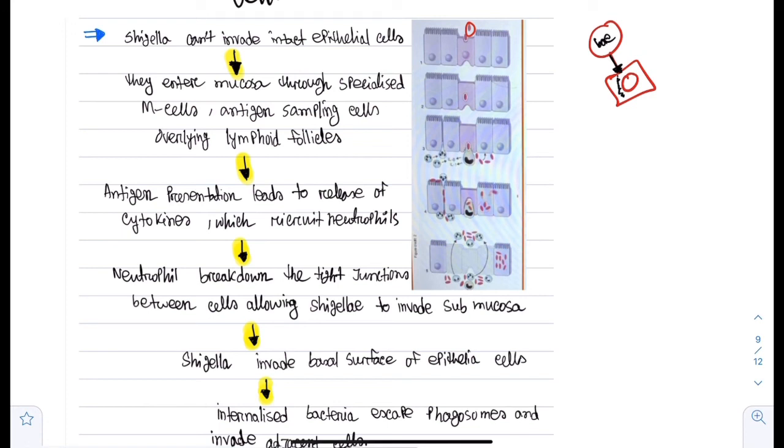The M cells are helping the bacteria to get into the cell. So the M cells already helped the bacteria to go into the cell.